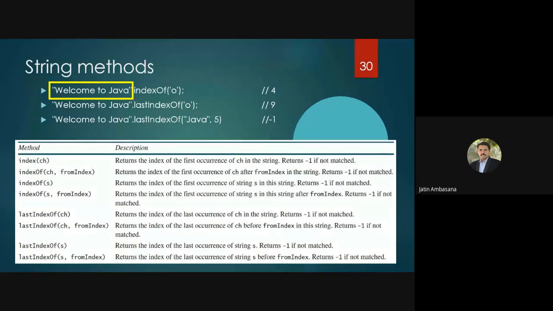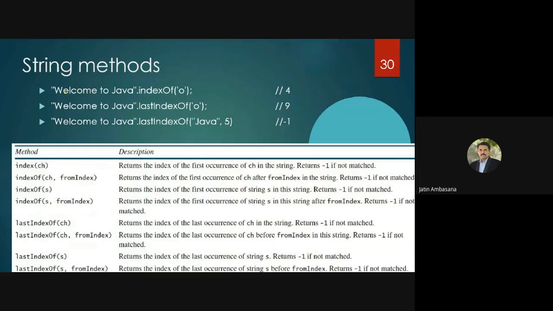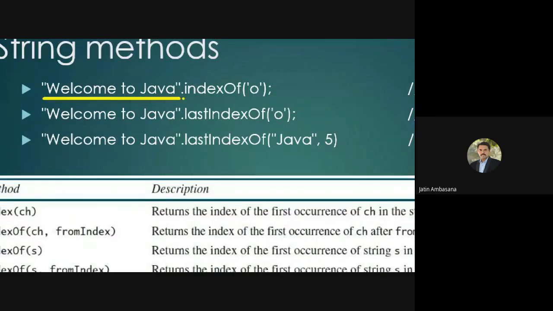So this particular string itself is considered as an object, and you can directly invoke the string method on this string object. Here we give the string, then directly use the dot operator, and then we say indexOf the character.